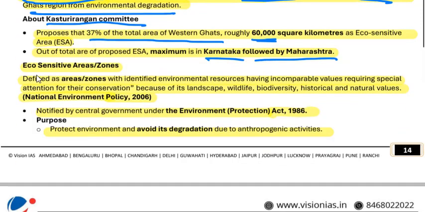An eco-sensitive area or zone is defined as an area with identified environmental resources having incomparable value, requiring special attention for conservation because of its landscape, wildlife, biodiversity, and historical and natural values. It is under the National Environment Policy of 2006, notified by the central government under the Environment Protection Act of 1986. The purpose is to protect the environment and avoid its degradation due to anthropogenic activities.